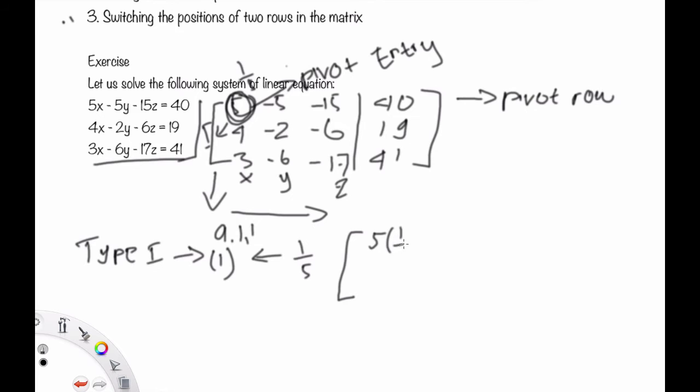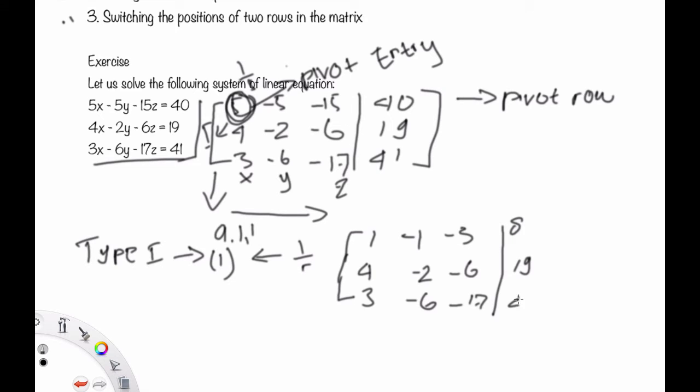Multiplied by 1/5, or directly we can write it to make it simple. You can write this as 1, -1, -3, 4; -2, -6, 3; -6, -50; and the augmented column 8, 19, 41.